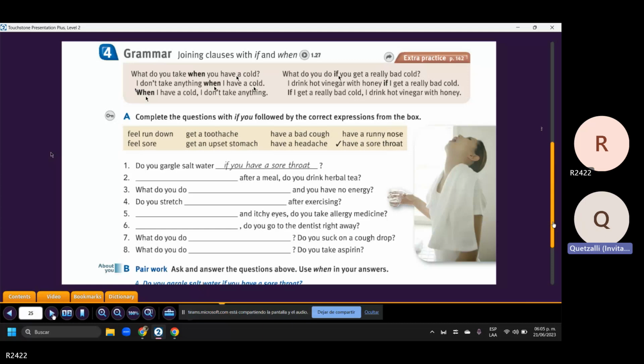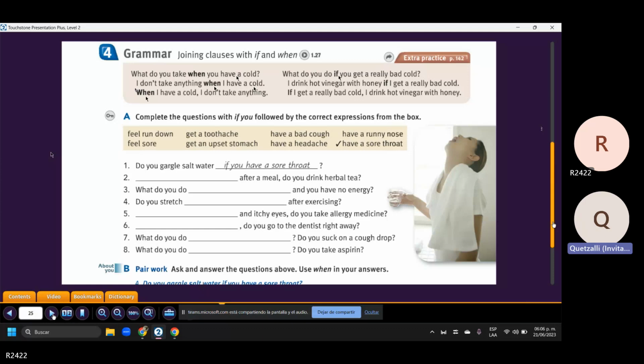What do you do if you feel run down and you have no energy? Okay, number 4. Do you stretch if you feel sore after exercising? If you feel sore.